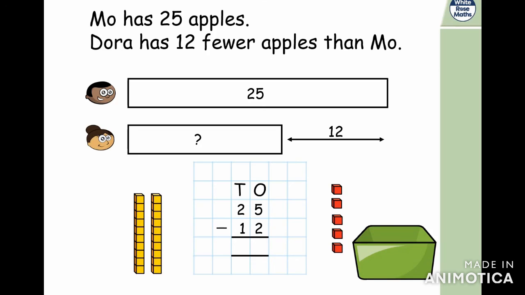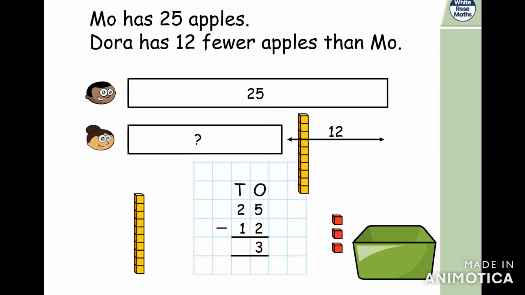So 5 subtract 2. This time I'm going to put the cubes in a box. That way I can see how many I've subtracted and how many I've got left. I've got 3 ones left. I'm also going to put the 10 rods in the box.